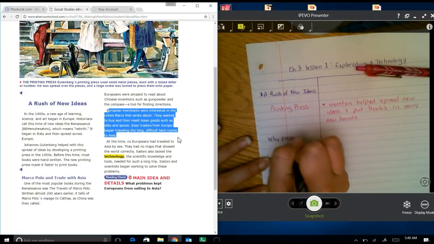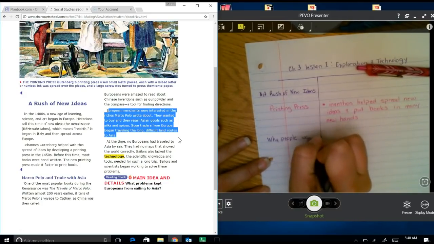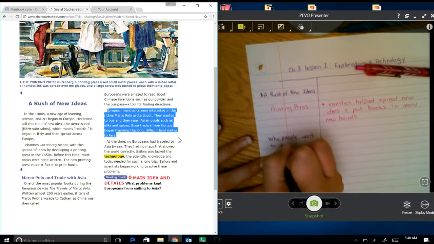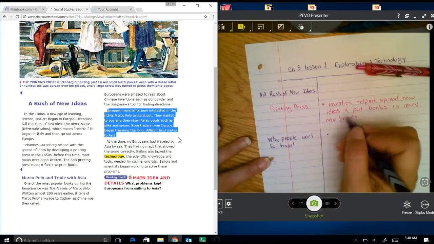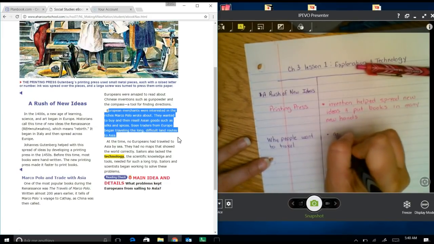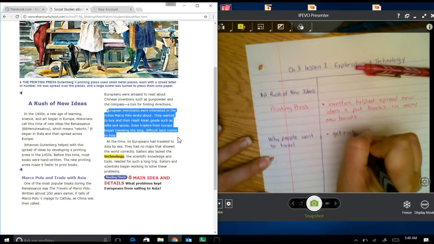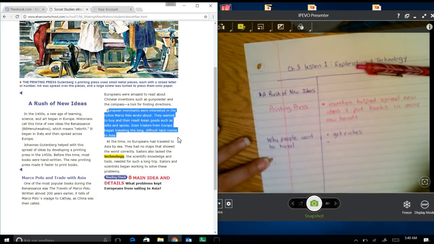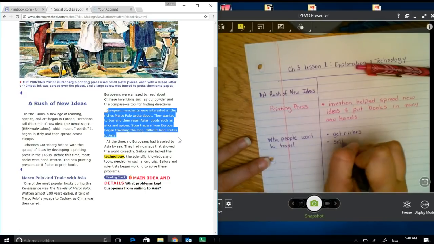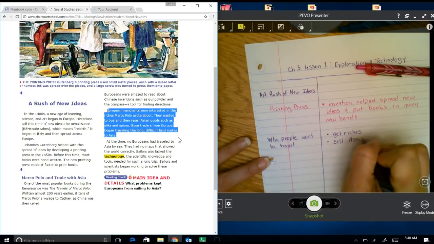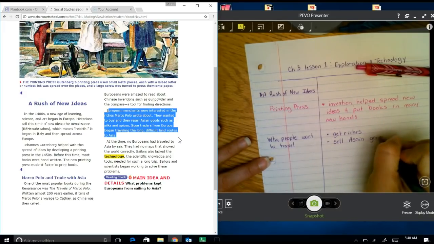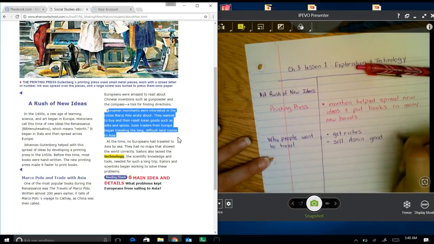That's my main idea now. Okay, they wanted to travel to get riches. They wanted to be able to sell Asian goods. For example, silk and spices.